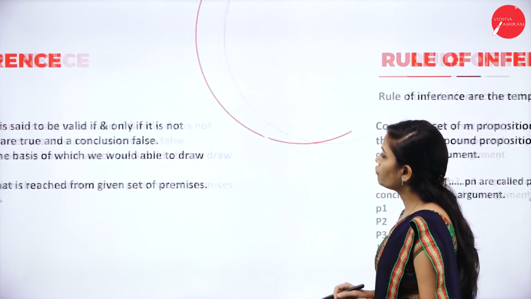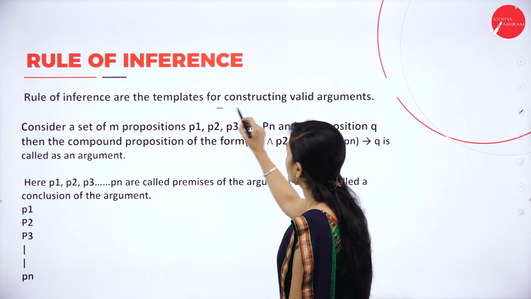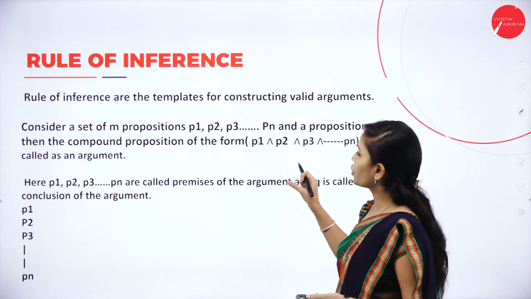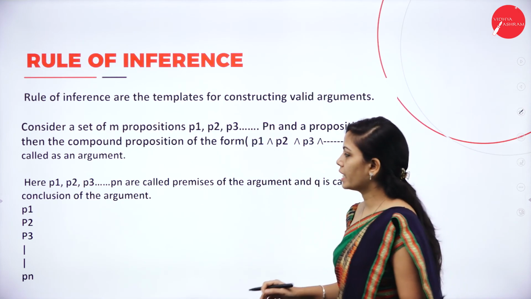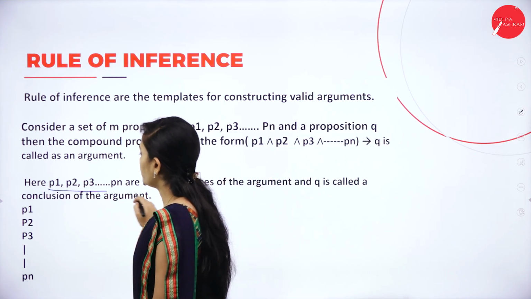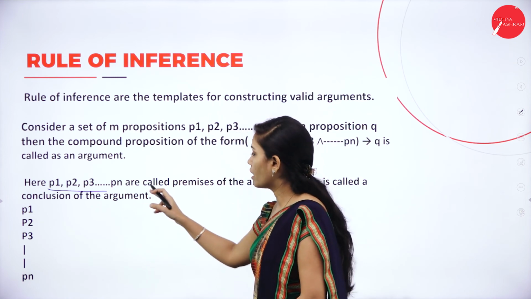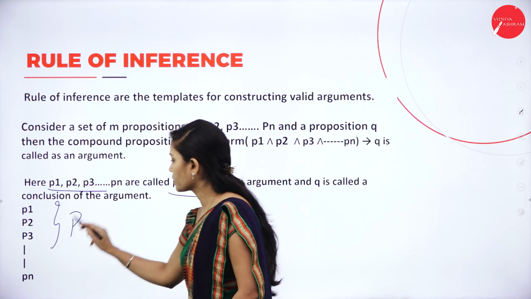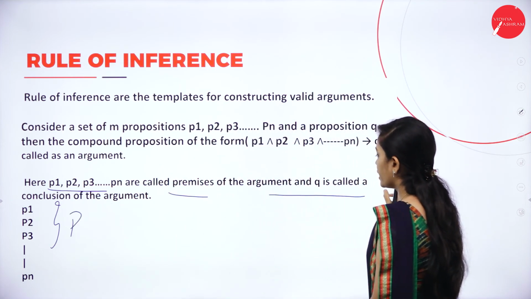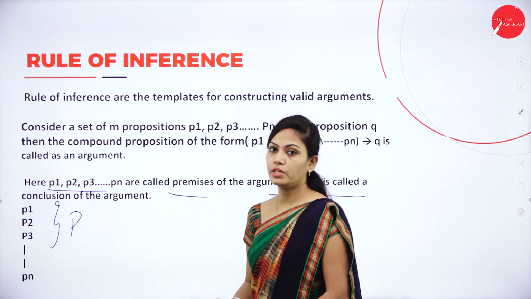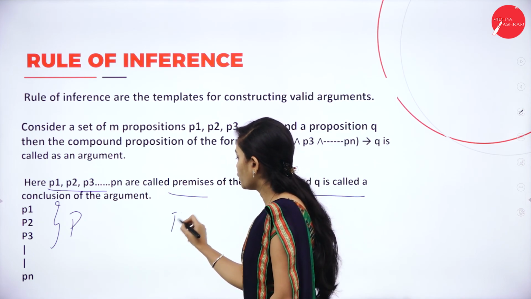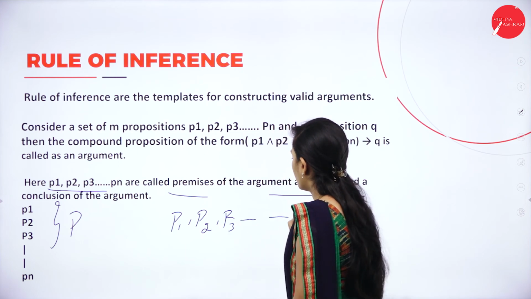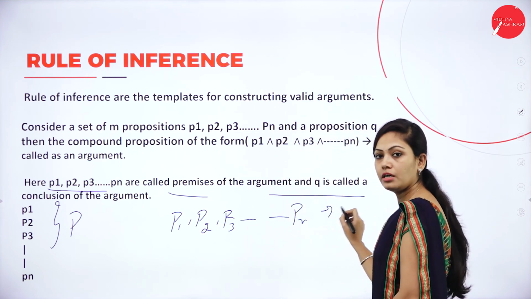And the rules of inference are the templates for constructing valid arguments, right? How to construct a valid argument in rule of inference. Example, here P1, P2, P3 up to Pn are called premises. These are the premises of the argument and Q is called the conclusion of the argument.